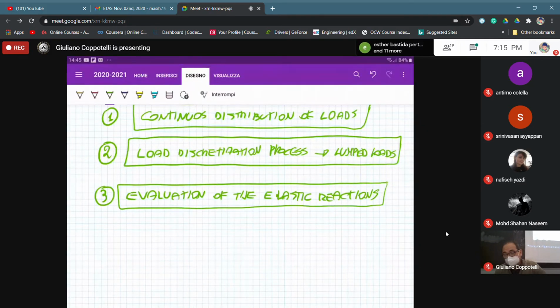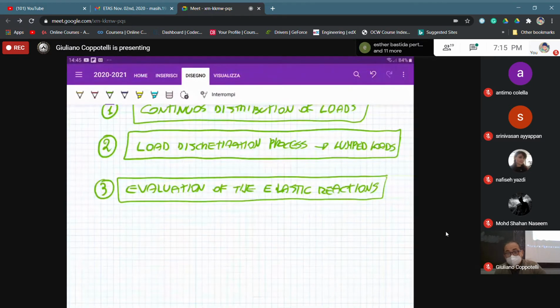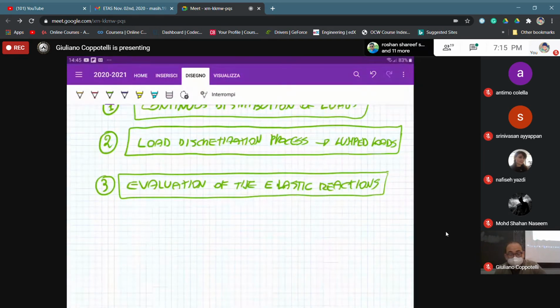If these two load distributions, the ideal continuous loading and the actual discretized loads, are giving the same stress strain field, and the subcomponents are properly loaded, then we reach the goal.